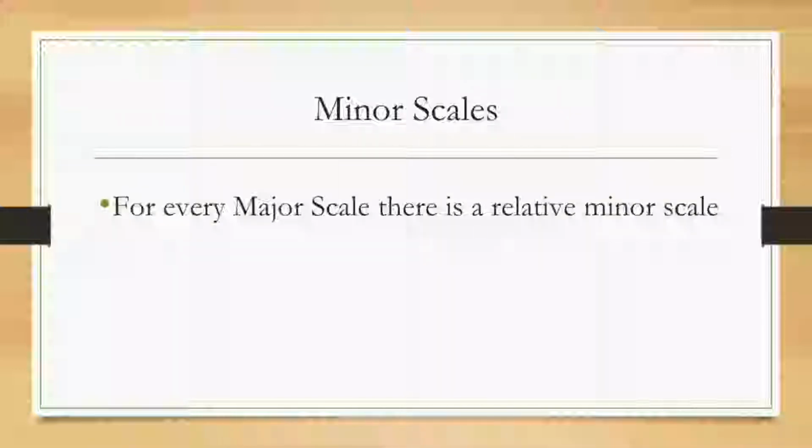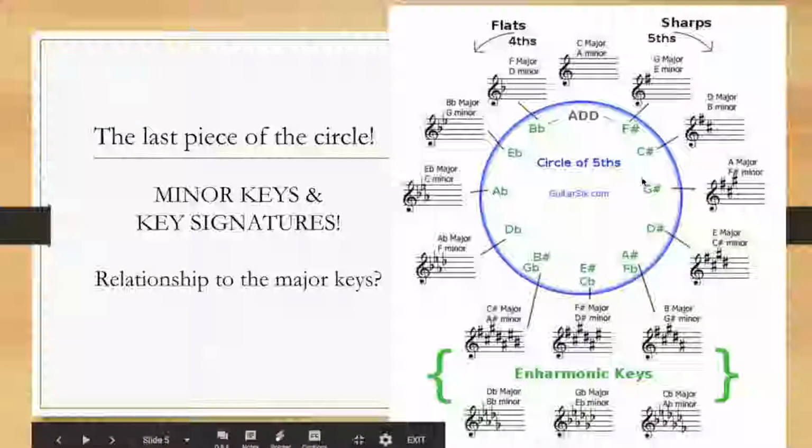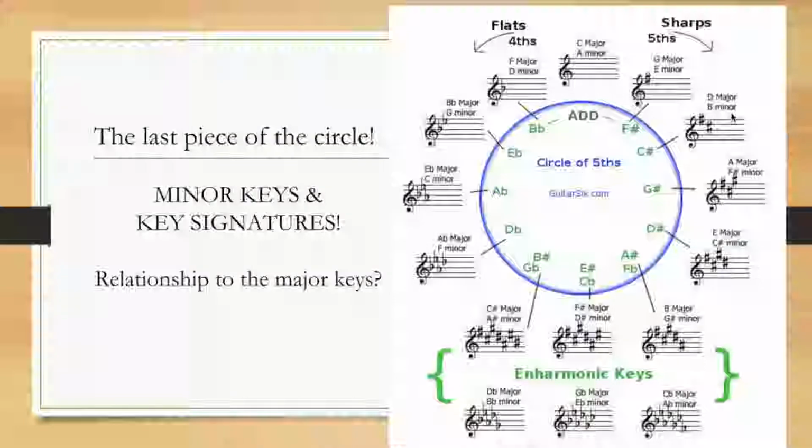Now, here's the part that we're going to build with. For every major scale, there is a relative minor scale. The relative minor scale, check this out, is listed right below the major scale. Here, here, here, and so on.